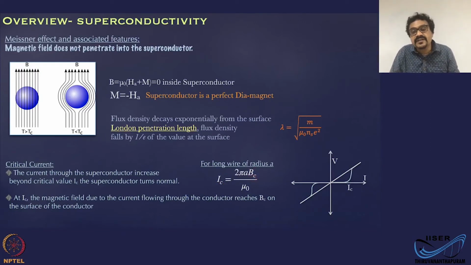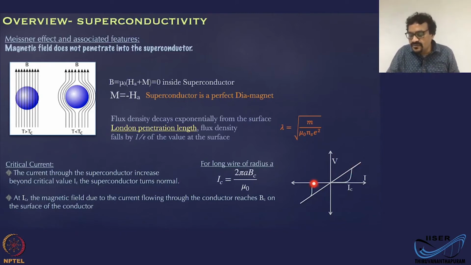So typically, this is a cartoon of the critical IV, current-voltage characteristics, where there will not be any voltage developed until the critical current is reached. Suddenly there will be a resistance, and there will be a voltage developed, and the resistance will be equal to the normal state resistance of the material.